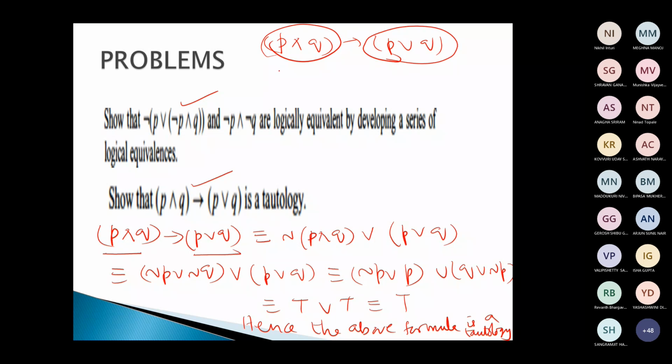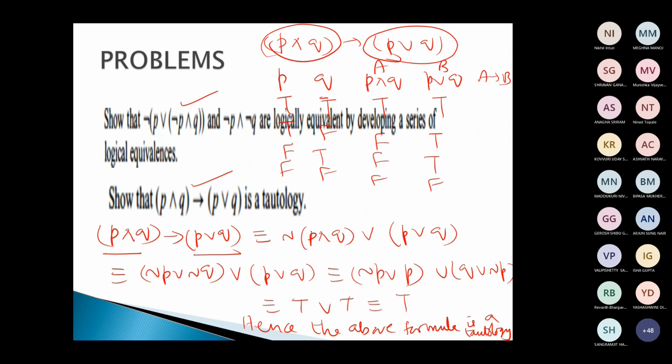For example, P, Q, P and Q, P or Q: true, true, true, true; true, false, false, true; false, true, false, true; false, false, false, false. Suppose this is A and this is B. When will A tends to B be false?